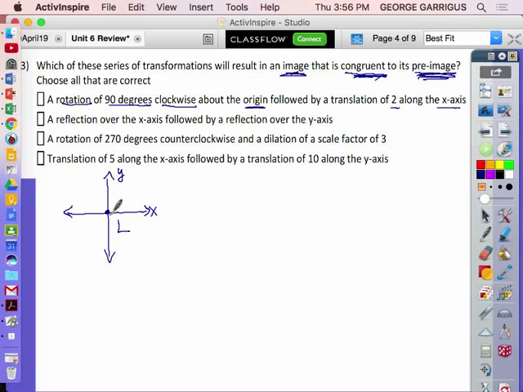Here's the origin. We're going to rotate it 90 degrees. We end up with something like this. And then it translates 2 along the x-axis, so it's going to translate everything this way, 2 units. And since it just rotated and it just translated, then it's okay, it's still congruent.